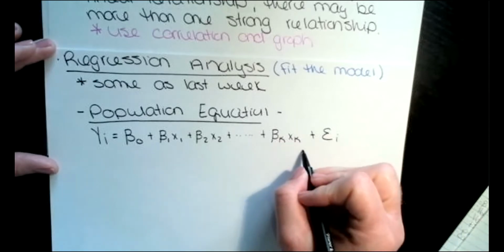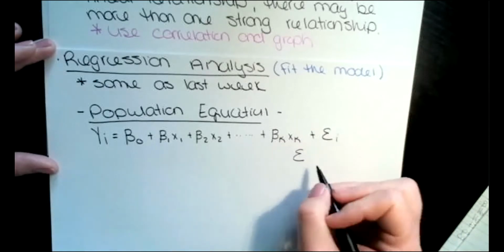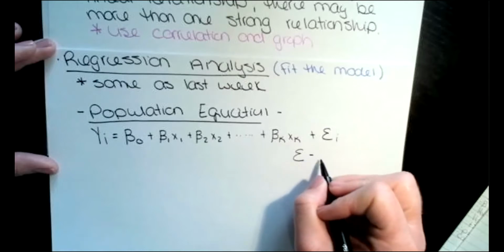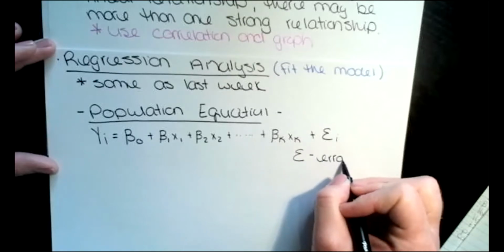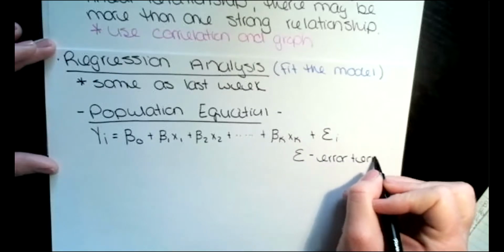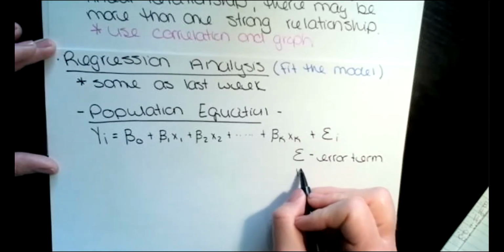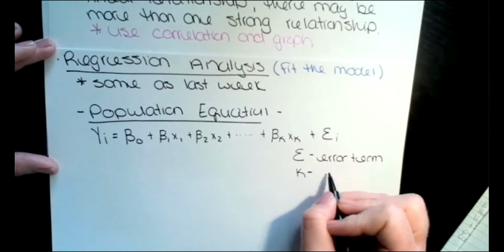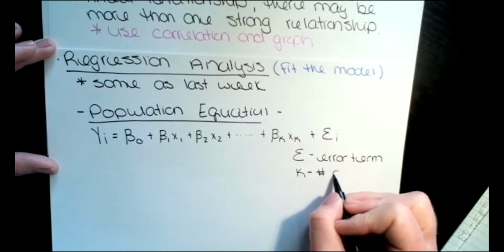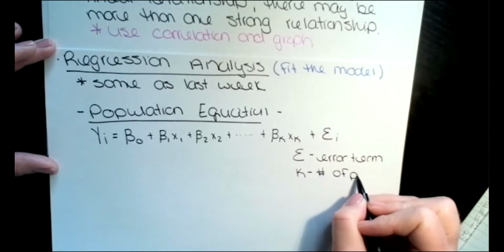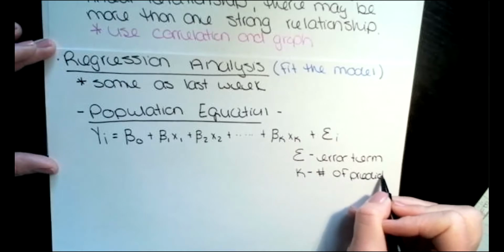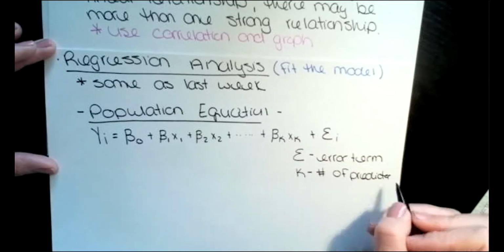So I'm just going to remind you that epsilon is my error term. That hasn't changed. That's still my residuals, okay? And now K represents the number of predictors in the model.